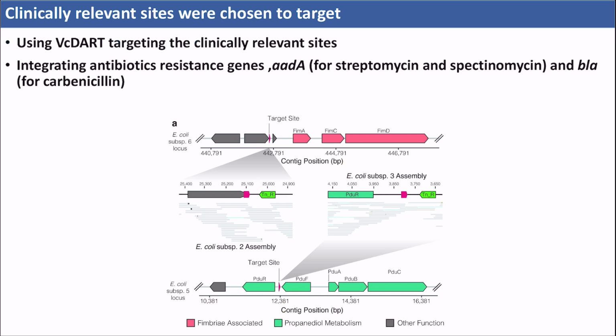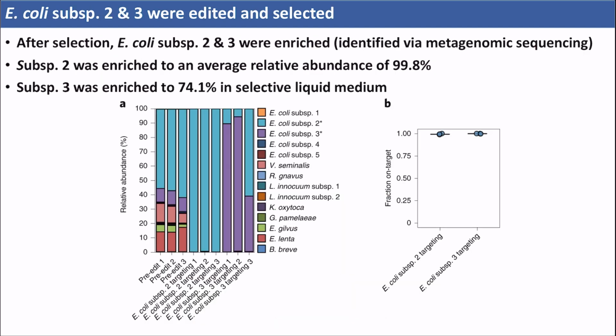The detected E. coli strains are members of B2 and D phylogroups. The research team using VC DART targeting the clinically relevant site and integrating antibiotic resistance genes AADA and BLA.